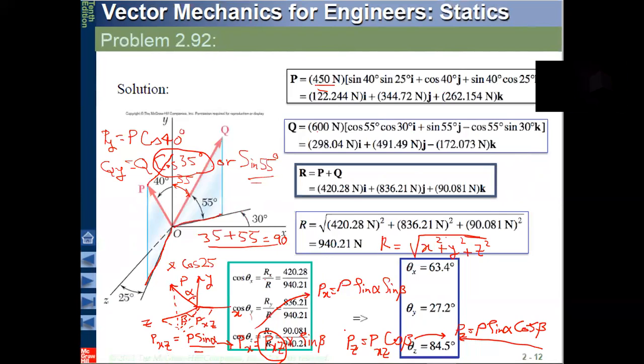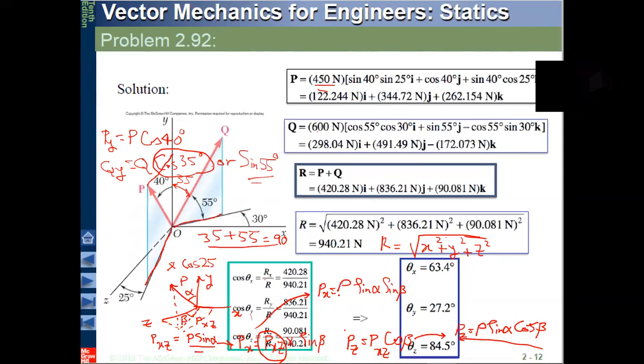Then if the angle between P and the y axis is alpha, then Pxz would be P times sine of alpha, which is the length of the opposite side of angle alpha in this triangle. Then you have Pxz, and you can get the components in the z direction and in the x direction by multiplying this vector by cosine of beta and sine of beta.